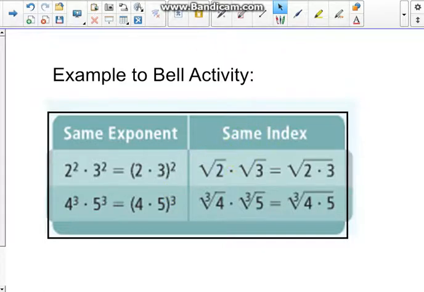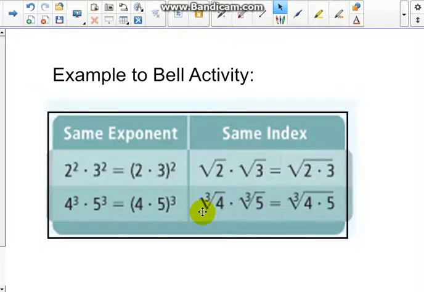And for the same index, here's a couple of examples using 2 numbers. We have the square root of 2 times the square root of 3. Our indexes are the same, so we can combine those into one index of 2, or radical 2 times 3, which would be radical 6.